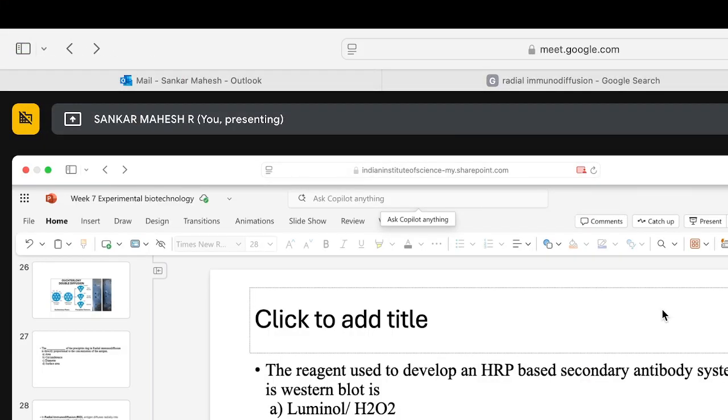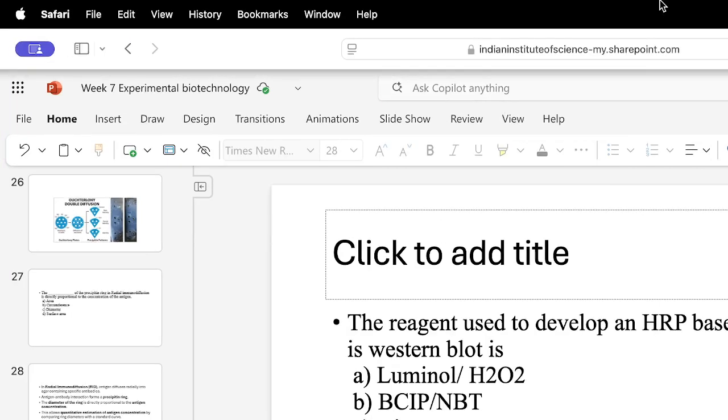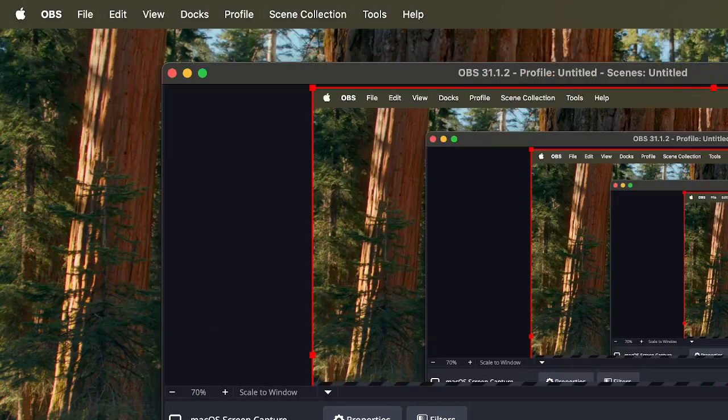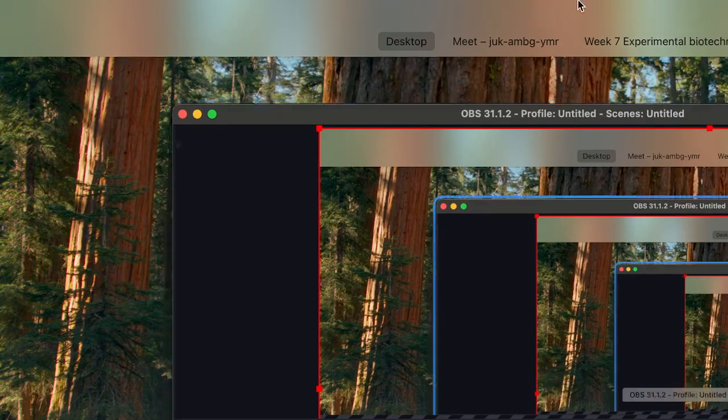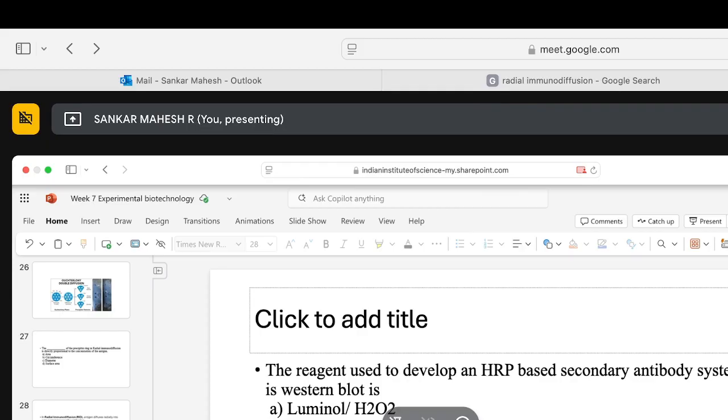So, what is the role of luminol in this HRP-based secondary antibody? HRP is your horseradish peroxidase. You need a quantitative metric that will tell you whether this H2O2 has been acted upon by horseradish peroxidase.